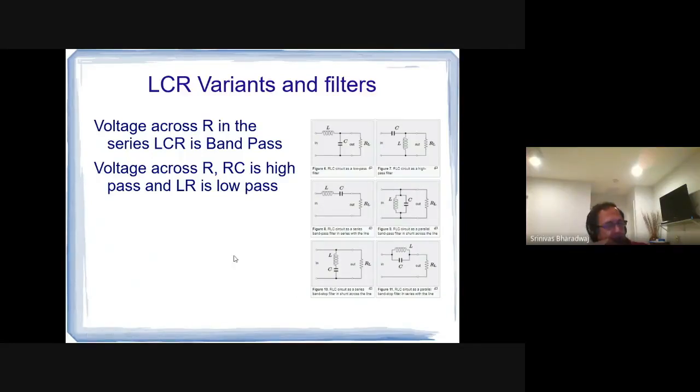What does band stop mean? Band stop means that it will go up and then it will go up again, and in the middle there will be a range of frequencies where there is no power. So it's the inverse of the band pass. The inverse of the band pass is the band stop.